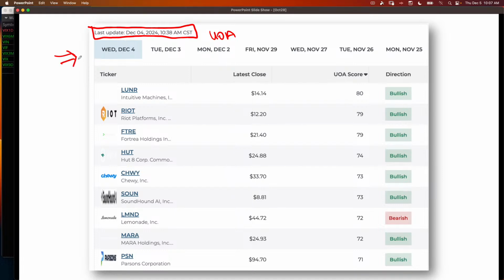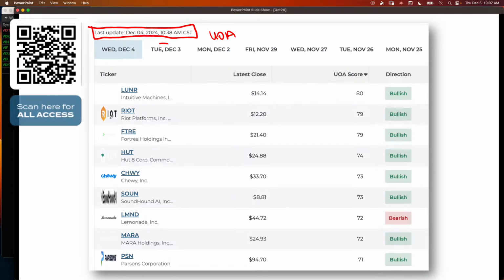Yesterday, Wednesday, December 4th, in the morning, I was reviewing our advanced notice tool, and what I noticed is they were all bullish. Very strong market. VIX term structure is offered, market strong. Everything is bullish except one.